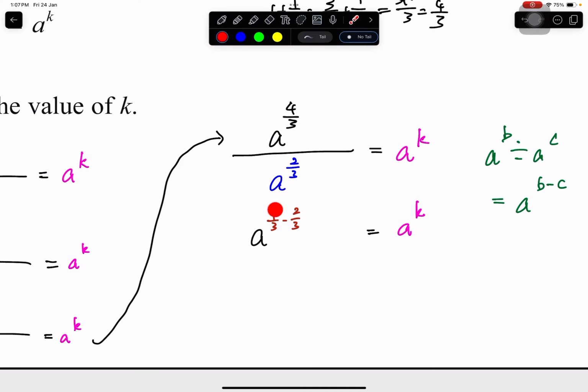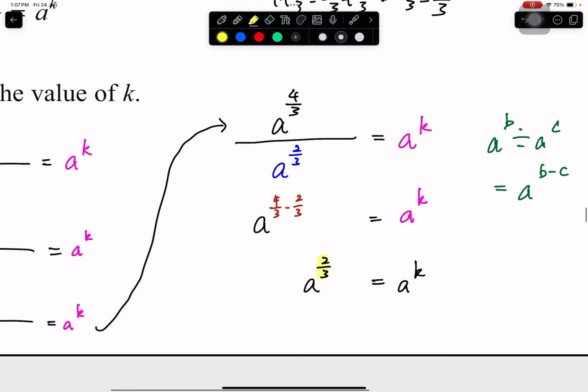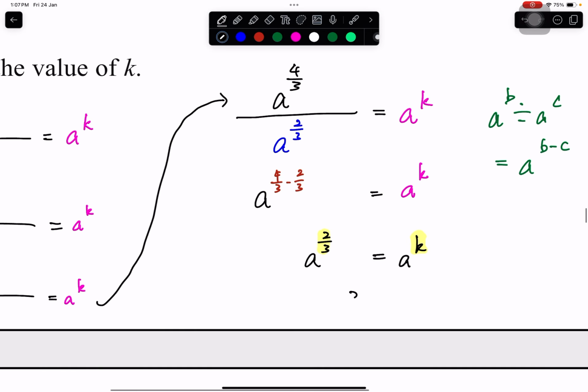By doing subtraction between the powers, we're going to have a to the power of 2 over 3 equals a to the power of k. Because with the same base, the exponent will also be the same. Therefore, 2 over 3 equals k.